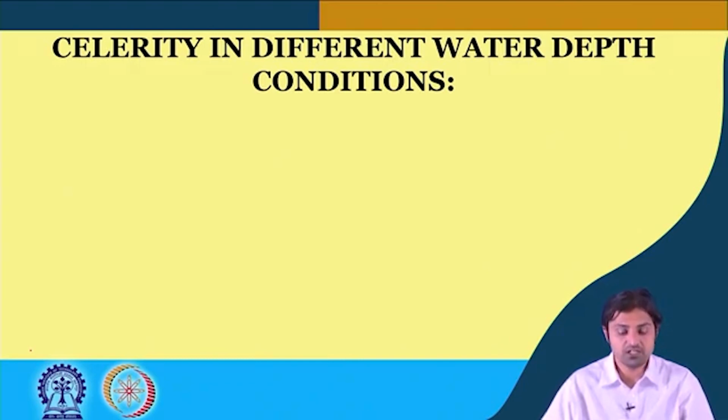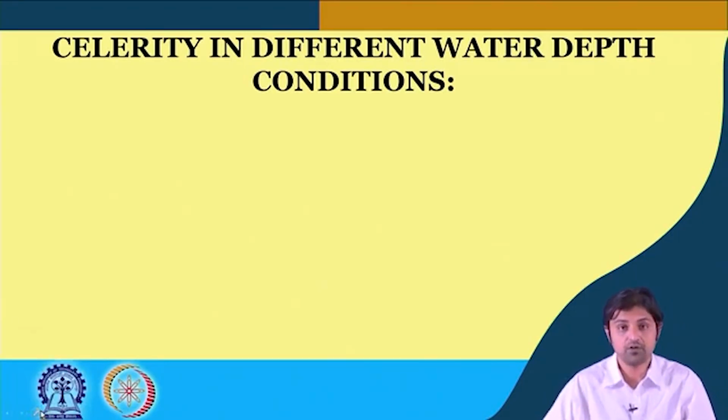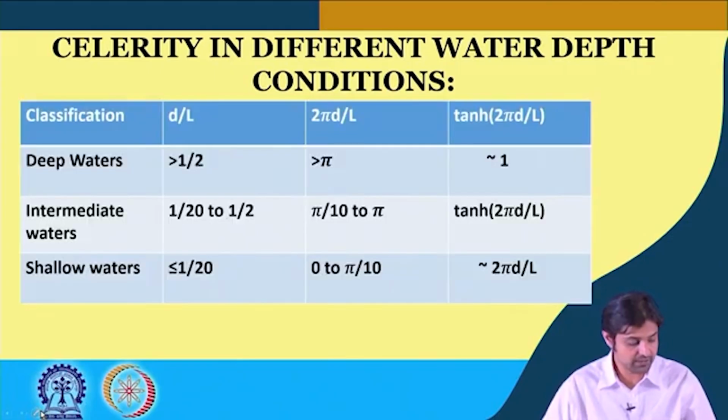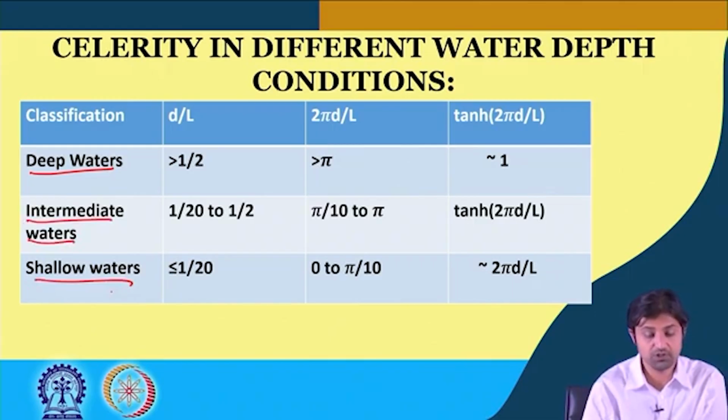Now, whatever results we have obtained, we are going to apply in certain situations such as different water depths. All right. So, this is a table, but first, without going into too much detail, I would like to say that we have deep waters, intermediate waters, and shallow waters.